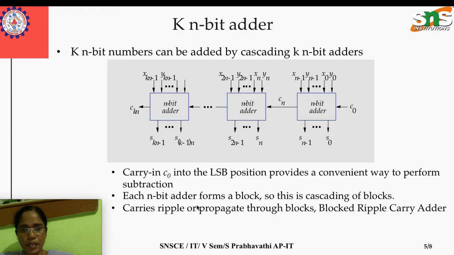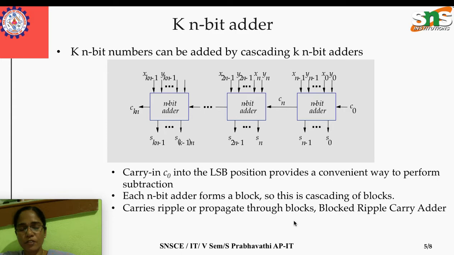Each n-bit adder forms a block. So this is called cascading of blocks. Each n-bit adder is one block, this is one block, and it ripples to the next stage. This arrangement is said to be cascading of blocks, and the carry is taken to each and every next block.